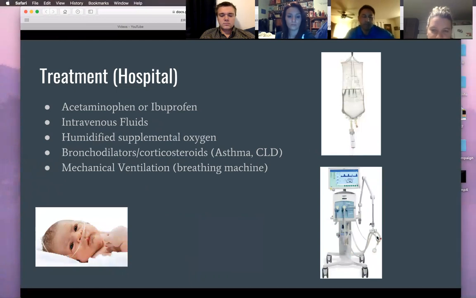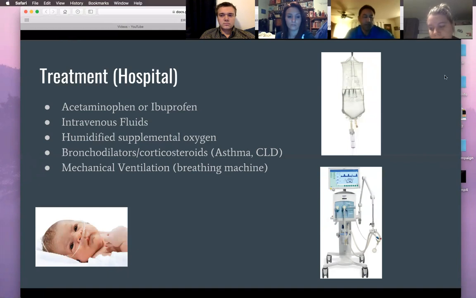Severe cases of RSV may require the need to be admitted to the hospital. Hospital treatment may consist of the following. Acetaminophen or ibuprofen may be given to reduce fever and treat discomfort. Intravenous fluids may be necessary to treat dehydration.